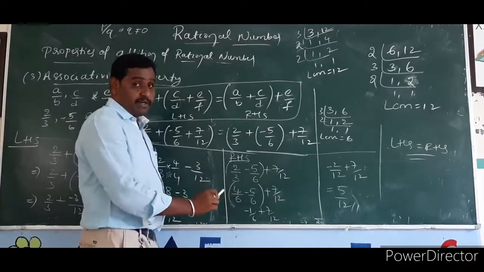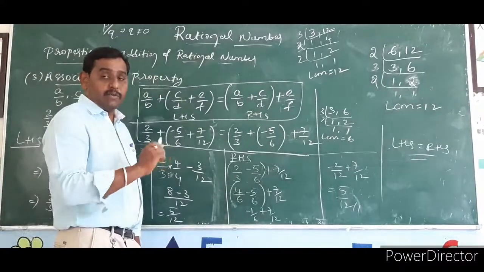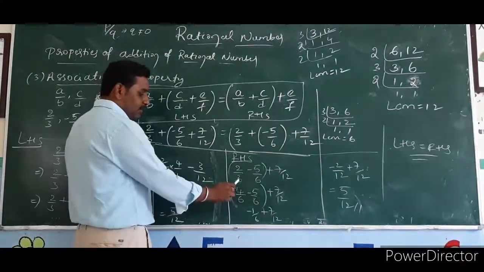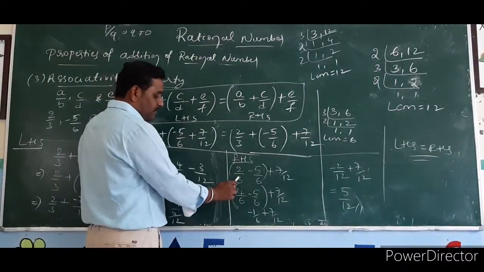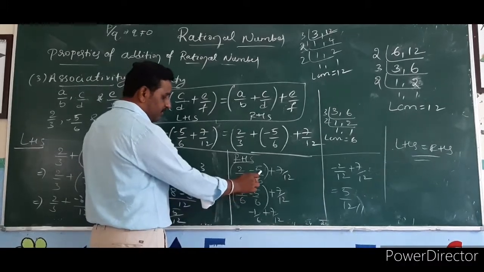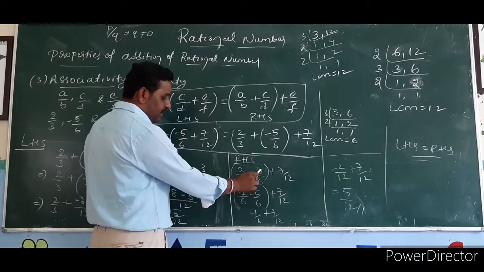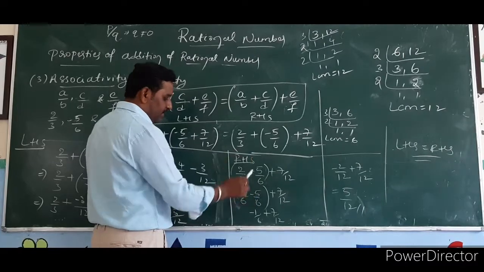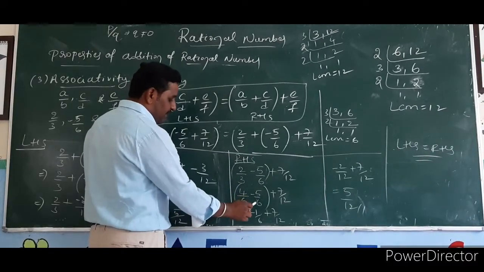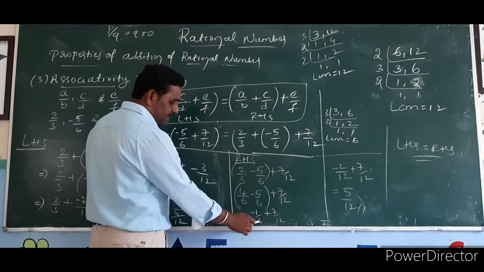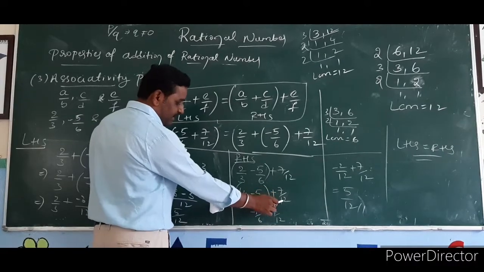I am directly writing because you know how to change the numerators. Minus, here 6 is there, so no need to change. Minus 5. So 4 minus 5 will give minus 1 by 6, plus 7 by 12.